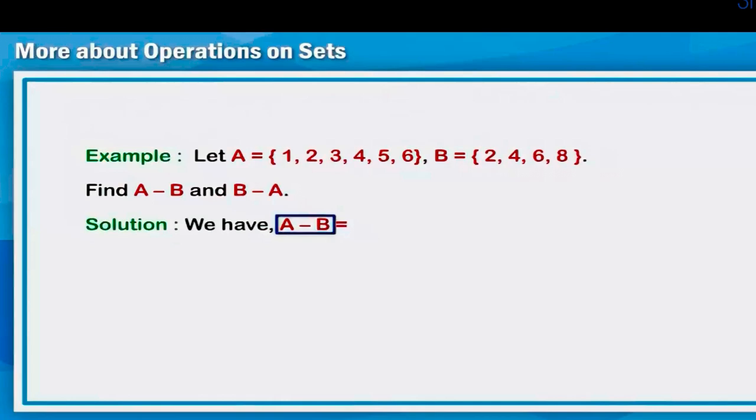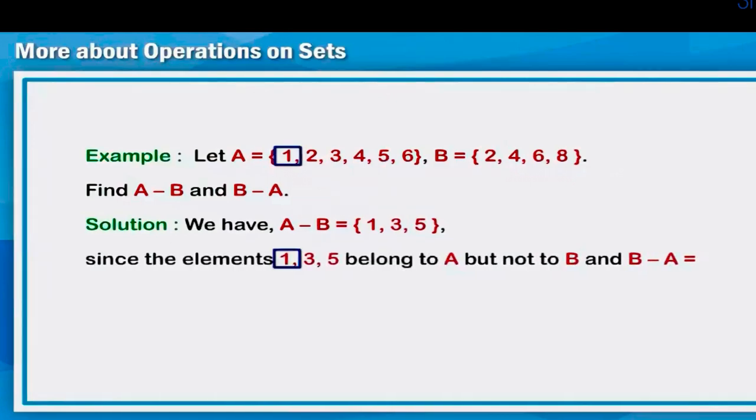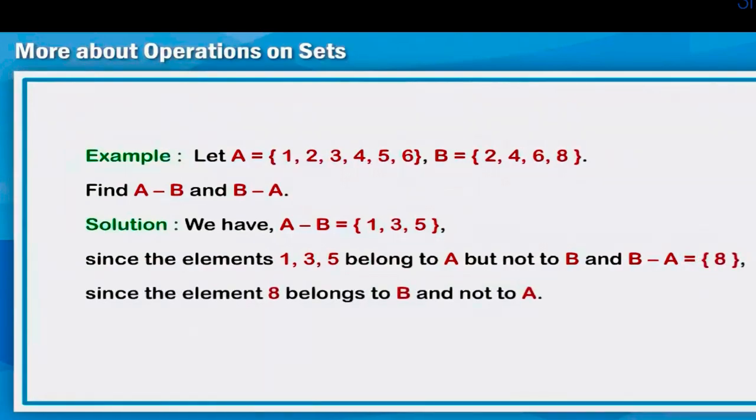We have A minus B is equal to {1, 3, 5}, since the elements 1, 3, 5 belong to A but not to B, and B minus A is equal to {8}, since the element 8 belongs to B and not to A. We note that A minus B is not equal to B minus A.